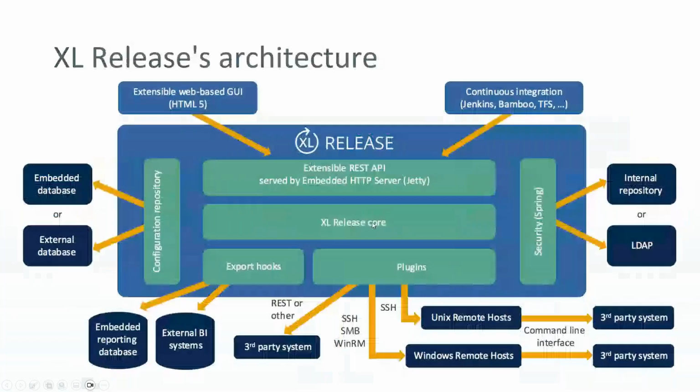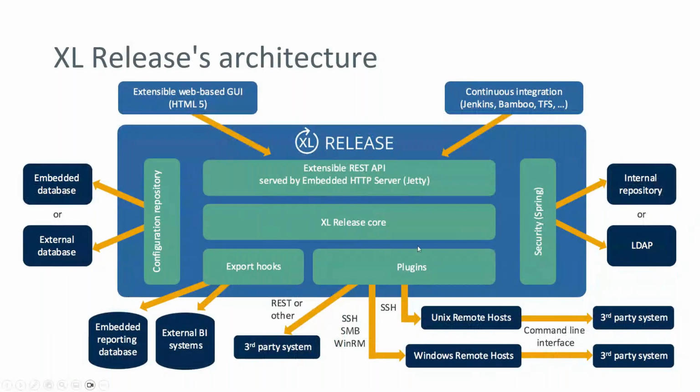Now this is a good image if you are interested to know about the Excel release architecture. So again, this software has been written in Java, but it has multiple components also. For the trial we are using the embedded database, but you can use an external database also. This is in a container right now, which we're using.